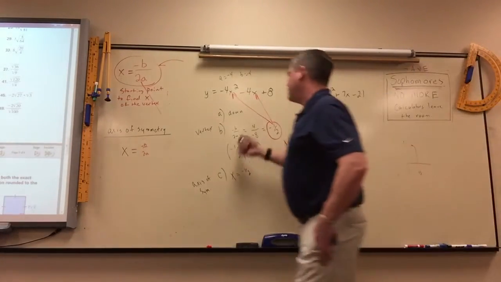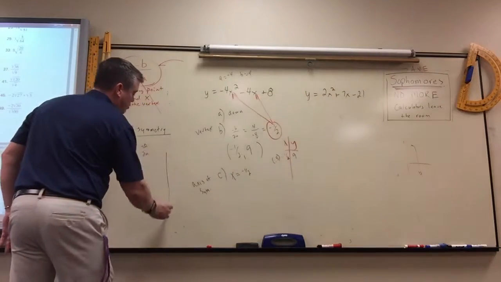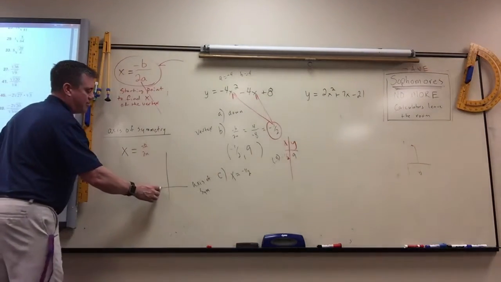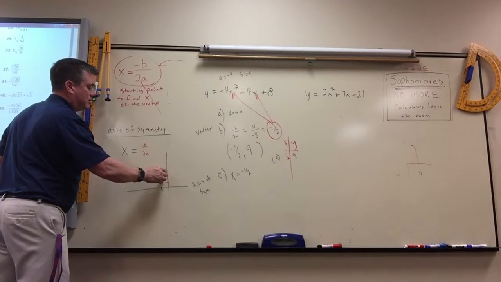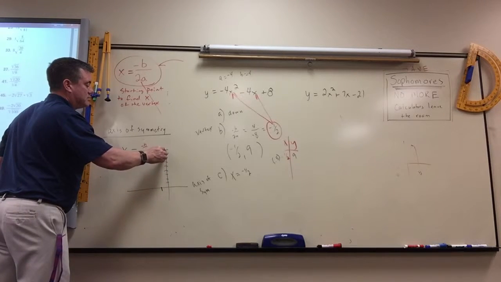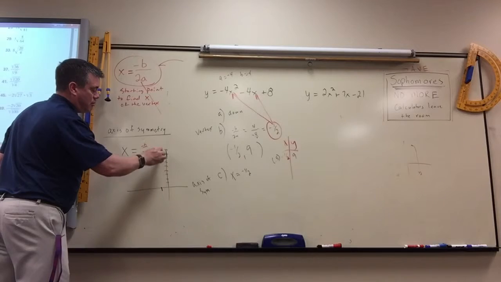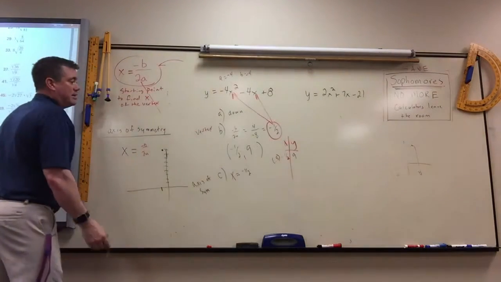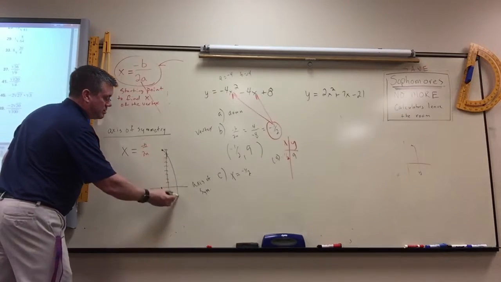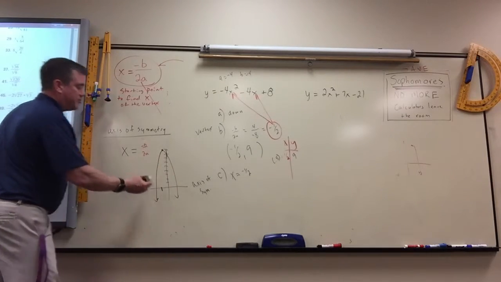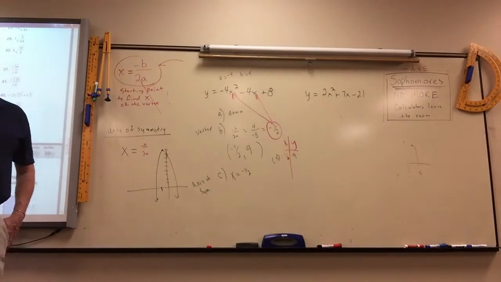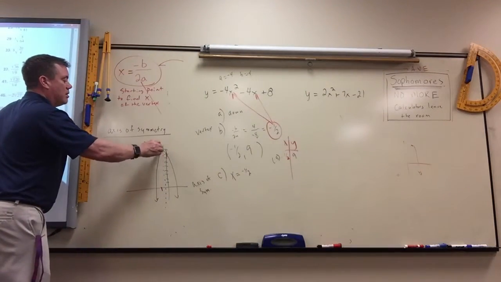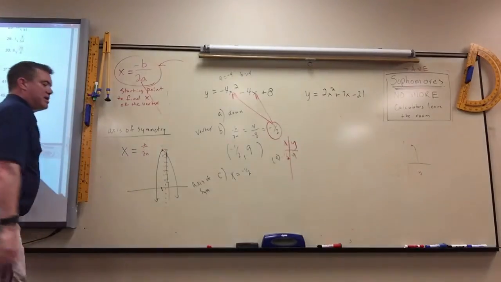So if I had to sketch this, which we will eventually, I know that at left 1/2 and up 9, so 1/2 over would be right about there. It's the top of it because it's going down. So it's going to go like this. That's how we would sketch it. The axis of symmetry goes through negative 1/2. So it has to go down the same on each side of that.